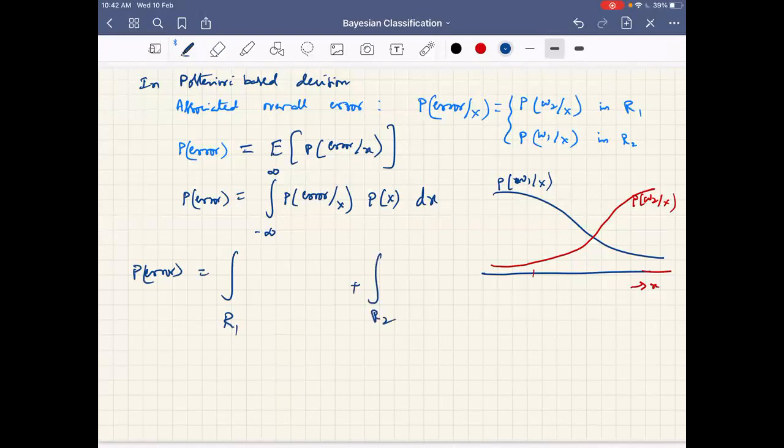Tell me what should I write in R1? P of omega 2 given x into P of x dx. In R2, probability of omega 1 given x into probability of x dx. Fine. Can one of you see any further simplification that is possible for this?